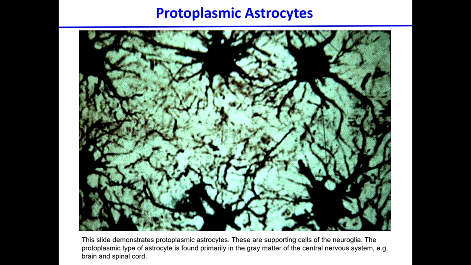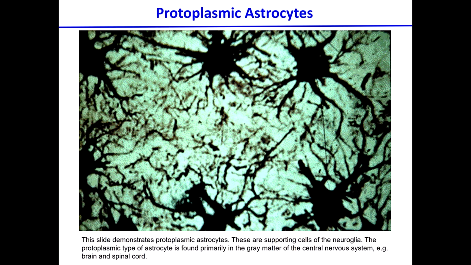Now we go to astrocytes. Remember, these are the cells that look more like starfish, and there were different types. They were the protoplasmic astrocytes, which I think I said a couple of times are typically located in the gray matter.